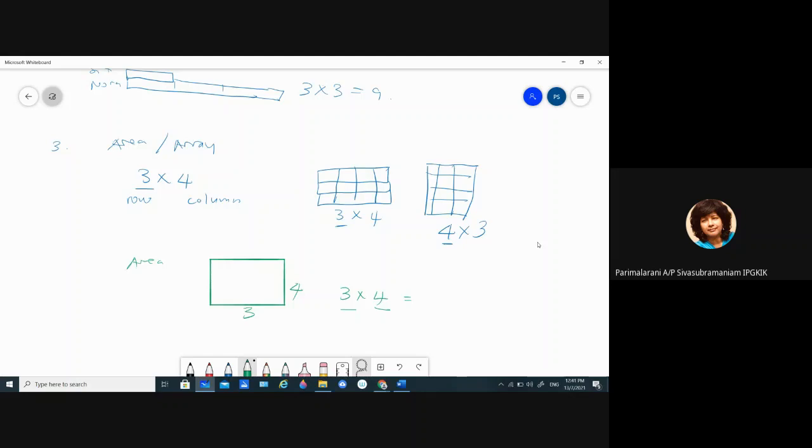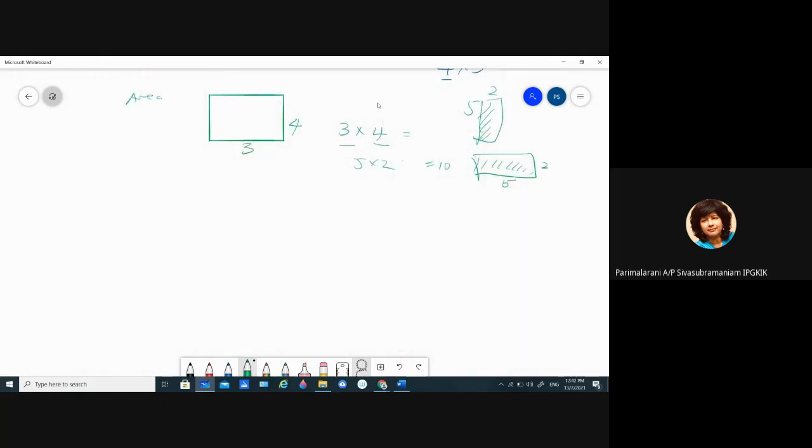So 5 times 2 means a rectangle where the length is 5 and the width is 2, and the area is 10. So multiplication, we always relate to area, and that is the area model. And the last concept of multiplication is the combination model.